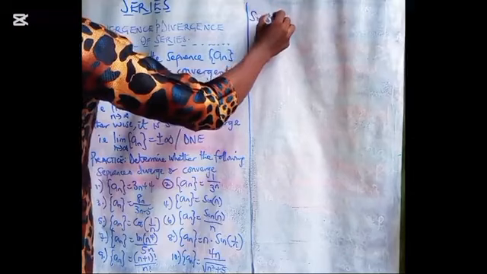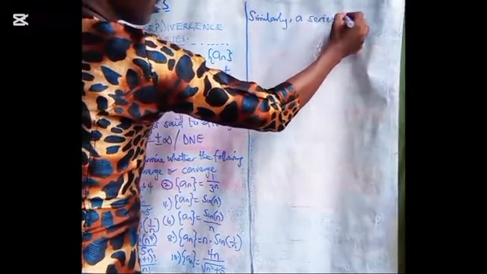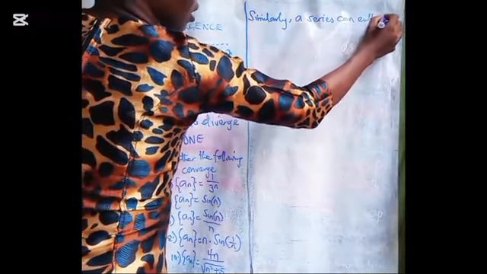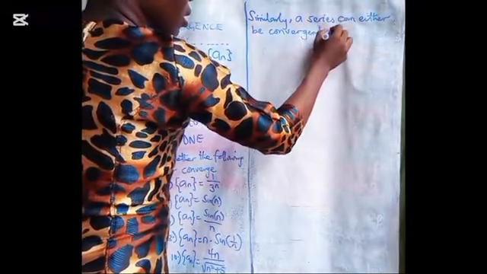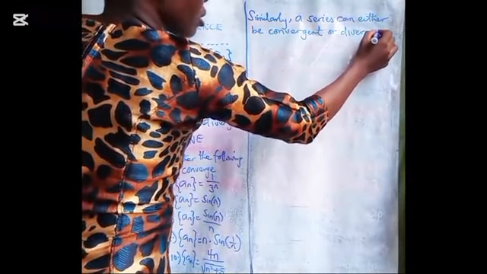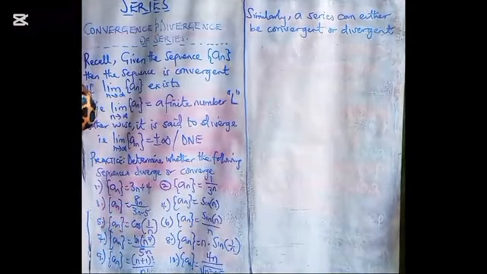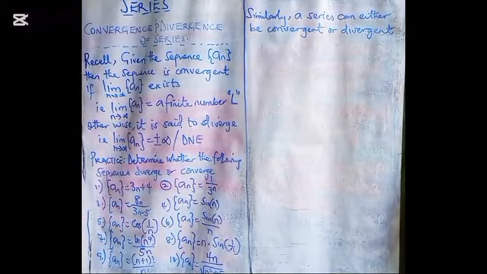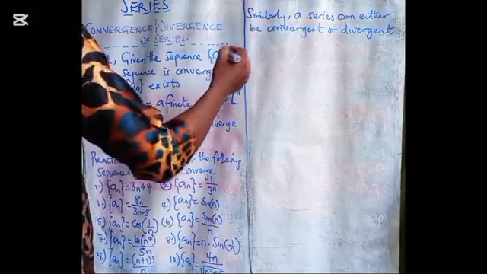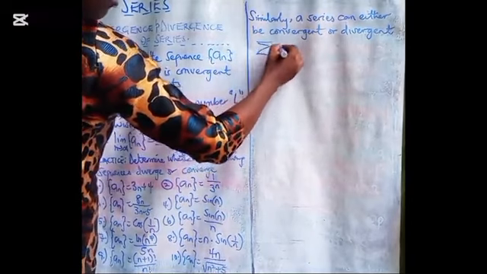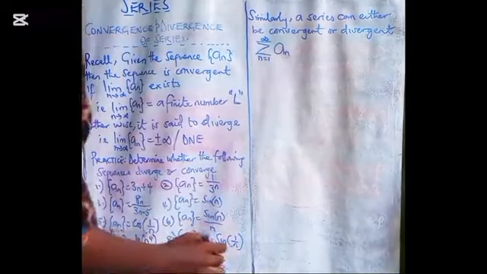Similarly, a series can either be convergent or divergent. We recall that we write our series as what? Summation a sub n as n moves from 1 to infinity.